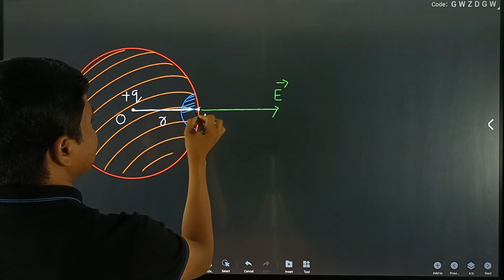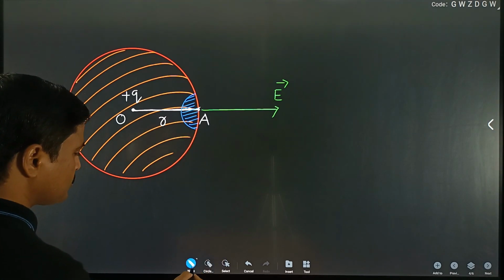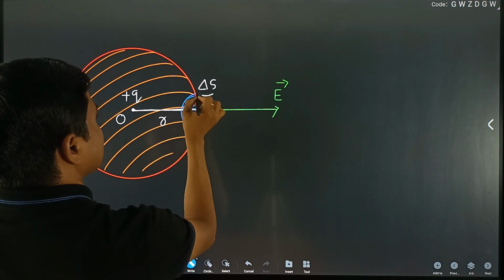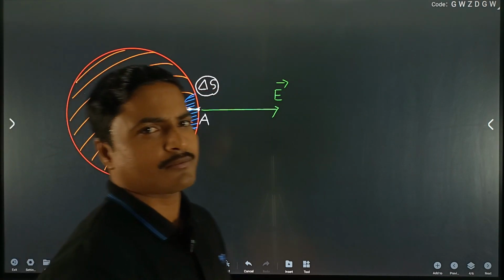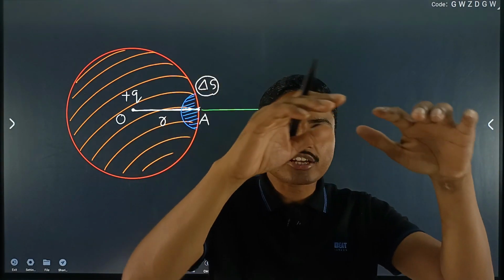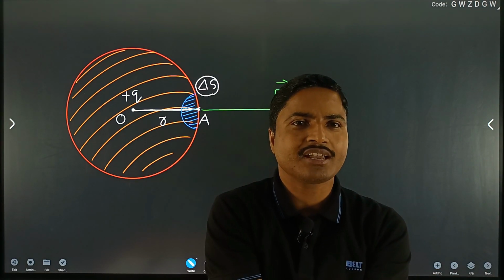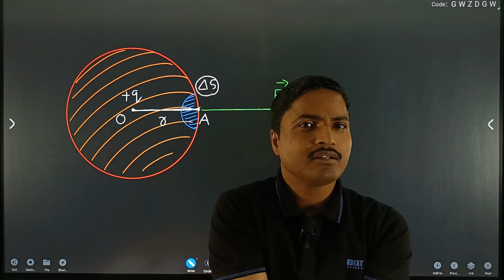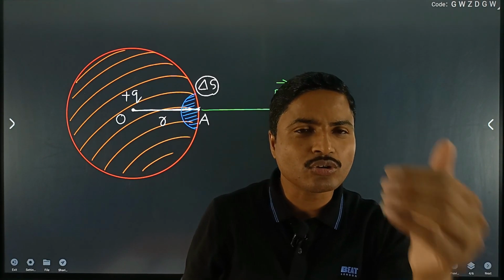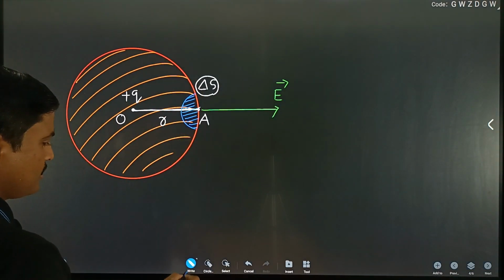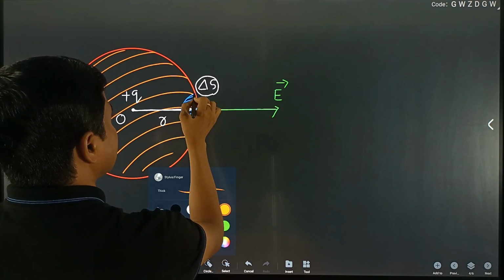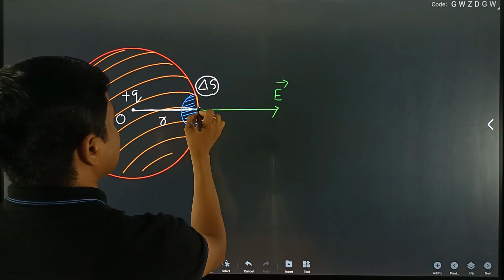This is a small surface area element, and we write it, suppose, as del S. The total surface area we write S. Total surface area looks spherical, that is a curved one, but the small surface area looks like a plane surface. Clear?